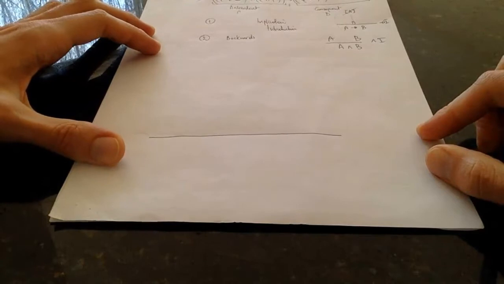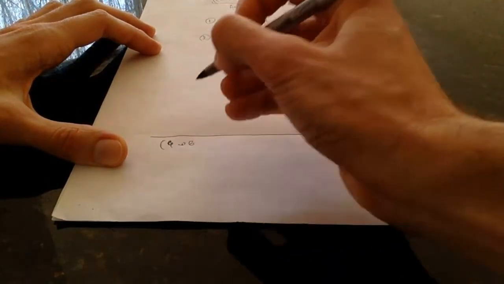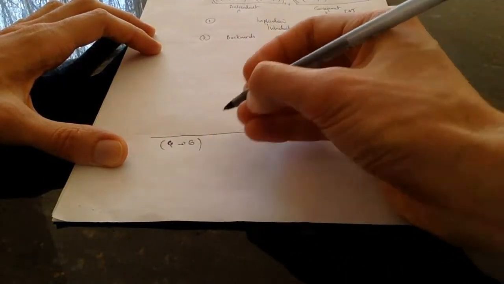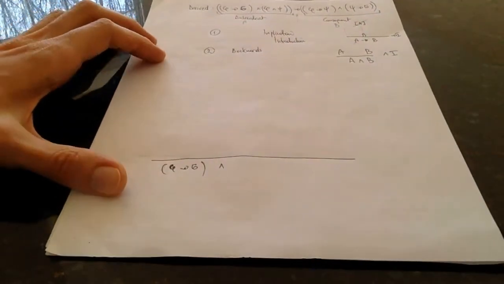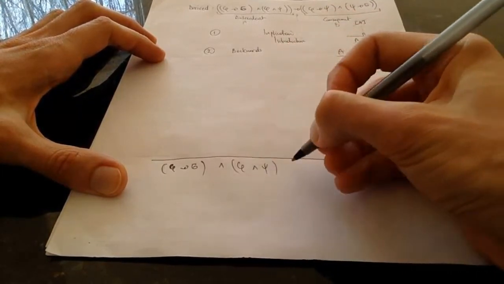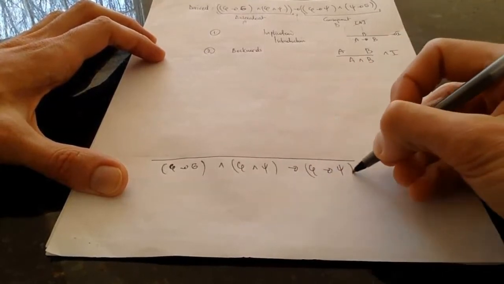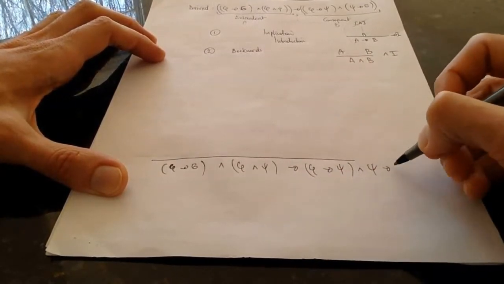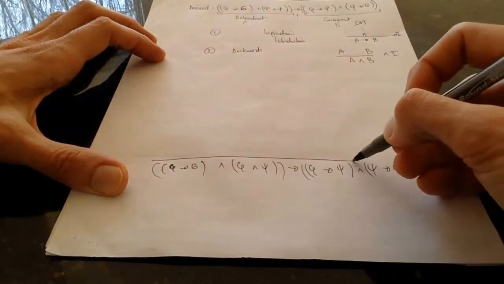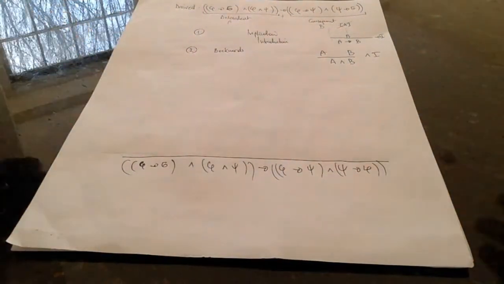So this is the bottom of my derivation, and I write phi implies sigma and phi and psi, implies phi implies psi and psi implies phi. So this is the whole formula I want to derive. So I just wrote it at the bottom.